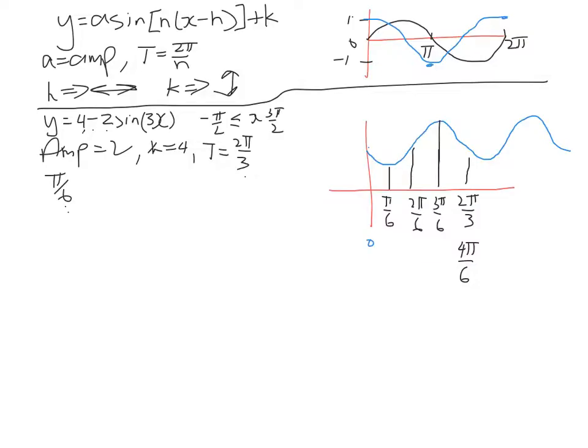So as we keep going to a different point on our graph, it keeps going up by multiples of pi on 6. So if this is 4 pi on 6, then this would be at 5 pi on 6. This is 6 pi on 6. Got a maximum at 7 pi on 6. Then we're here at 8 pi on 6. And then for the last one, we're at 9 pi on 6.